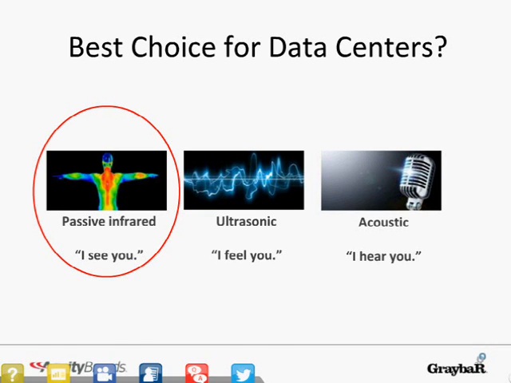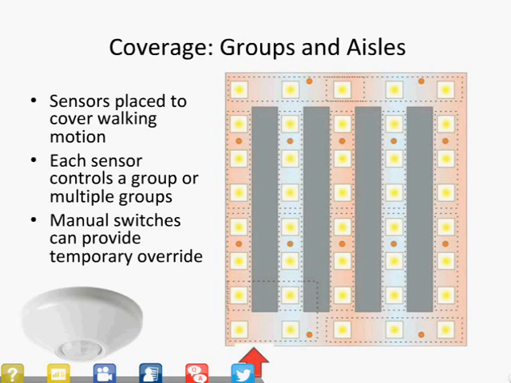Okay. Now that we know a little bit about the sensor technology, let's look again at our sample data center. Here you'll notice that the sensors are placed in a pattern to cover walking motion in groups, and we're talking about groups and aisles here. As seen here by the orange dots, they're strategically placed throughout the space and control a group or multiple groups of fixtures.